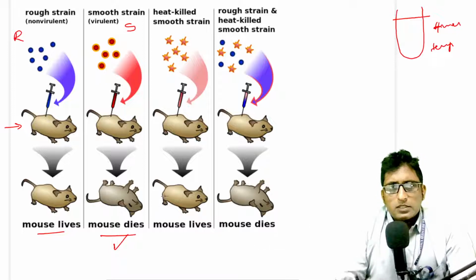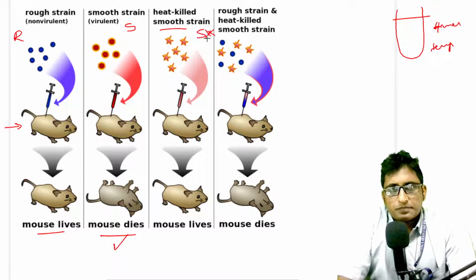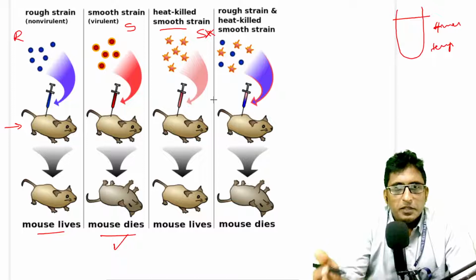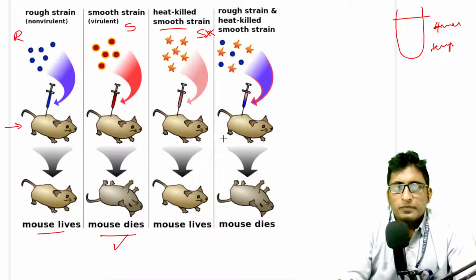But the point is, he has taken the S strain, but then it was heat killed. So there is no live bacteria in there. All there are molecules. It could be lipids, carbohydrates, RNA, DNA, everything else, but no live cells in there.